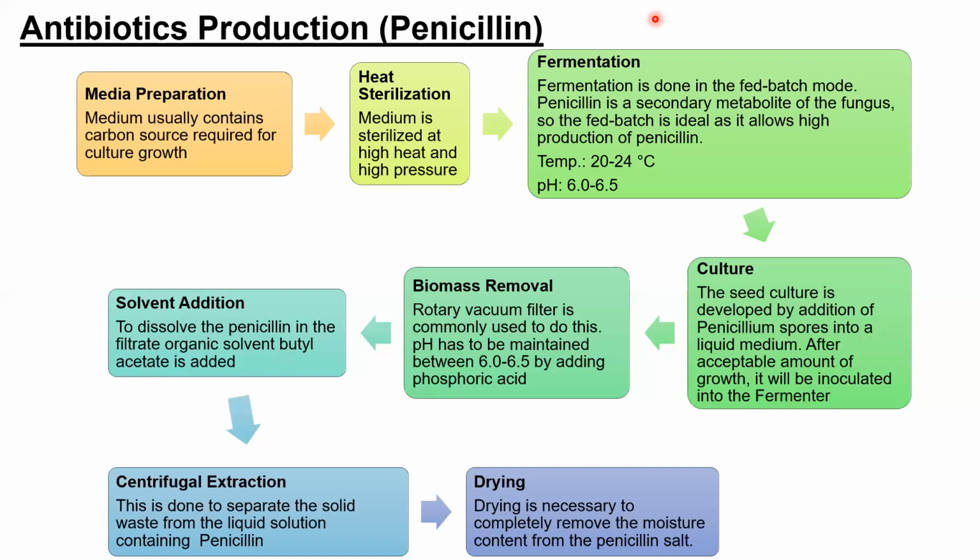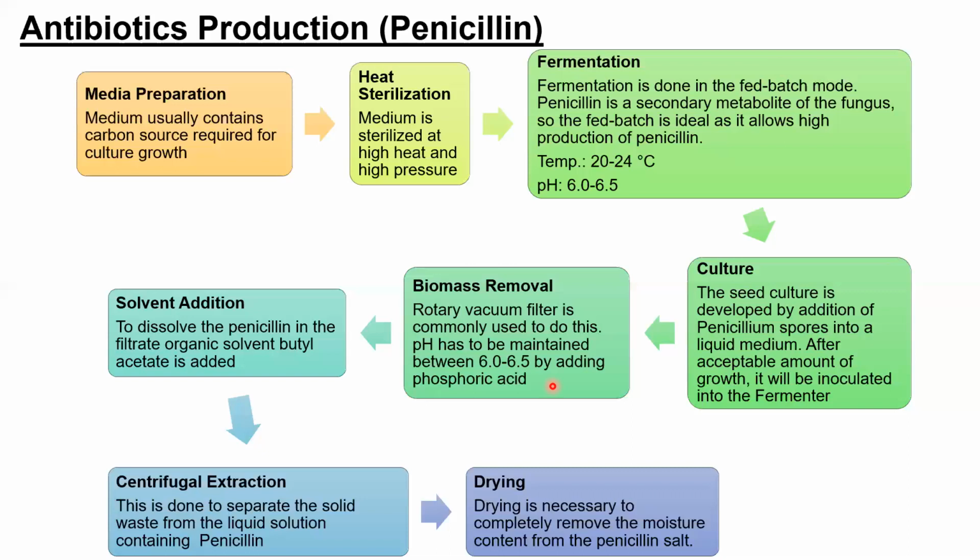There are many methods for the removal of biomass. The rotary vacuum filter is one of them, which is commonly used, and the pH has to be maintained close to neutral, because this is the optimum pH where these bacteria and fungal cells love to grow. In case of adjustment, we can use phosphoric acid for pH regulation. Similarly, when the biomass is removed, we want the penicillin to be dissolved in the filtrate, and for this purpose a number of organic solvents could be used, for example, butyl acetate.